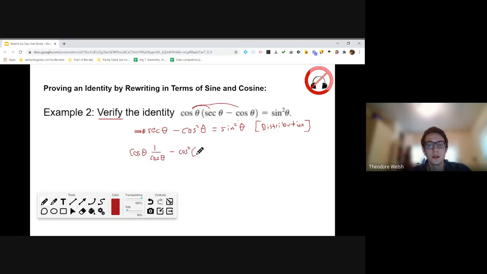That's an identity that we're using, so we need to make sure we describe that identity. The identity we're using here is the reciprocal identity, so I want to make sure to write that.